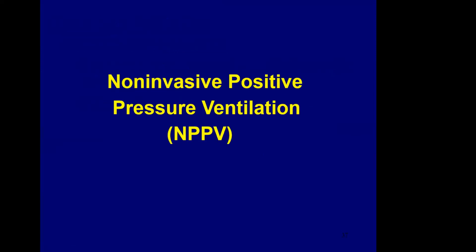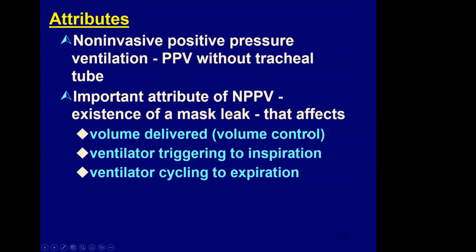Okay, let's turn to non-invasive positive pressure ventilation. The attribute of non-invasive positive pressure ventilation is that we can ventilate the patient using positive pressures without a tracheal tube. That's a big deal.